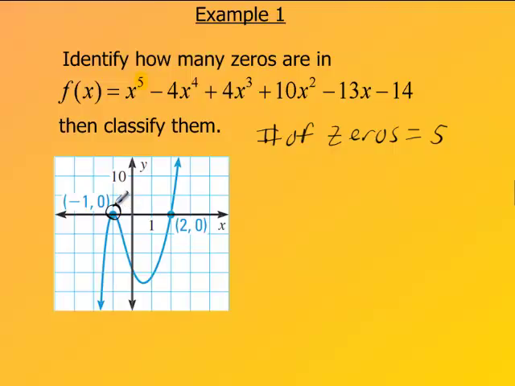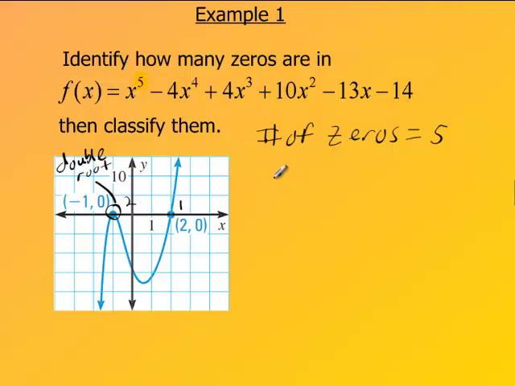This is known as a double root. And a double root counts as 2 zeros. So, in fact, this is showing two zeros here and 1 zero here for a total of 3 real zeros.